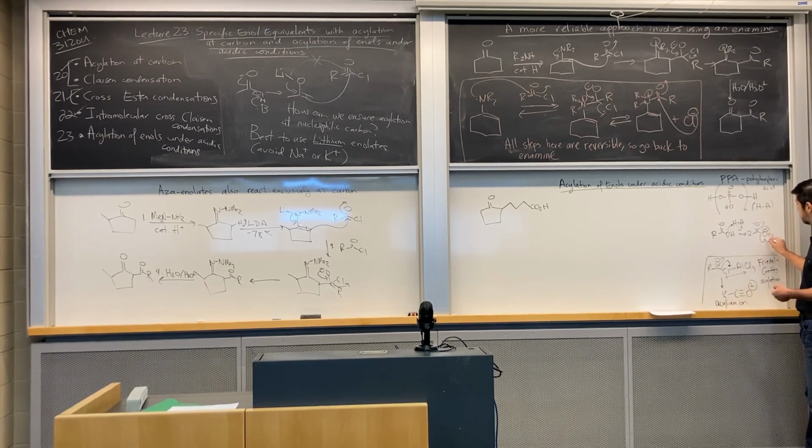So water will leave, and this is now an excellent way to generate this acylium ion, analogous to what we've done here with Friedel-Crafts. Acylium ions, as you can see, are incredibly electrophilic, right? You have a positive oxygen, so this carbon here is just screaming for a nucleophile, so it can break this triple bond to a double bond and put electron density back at the oxygen.